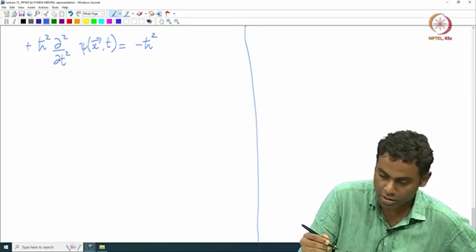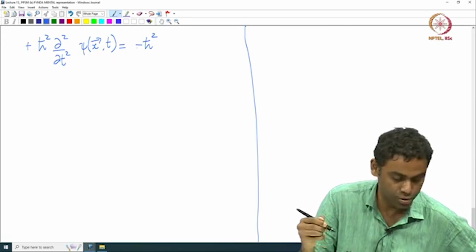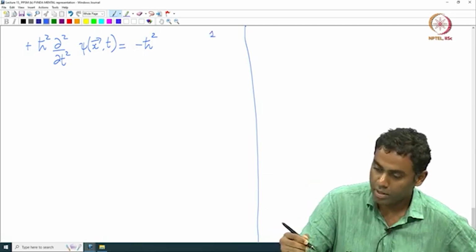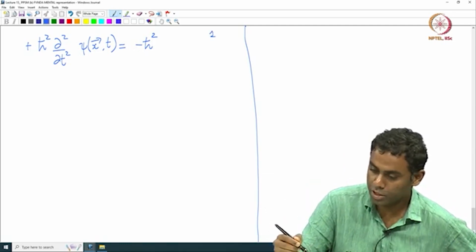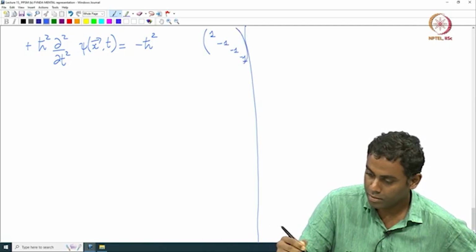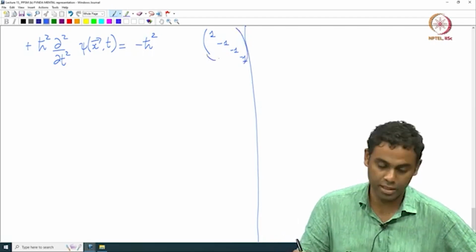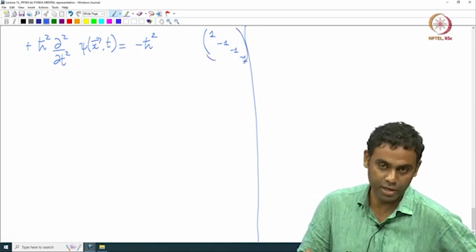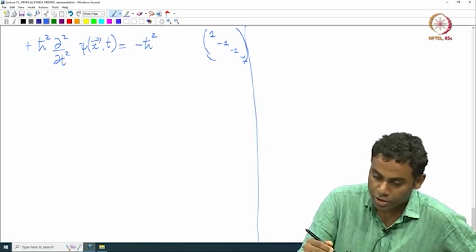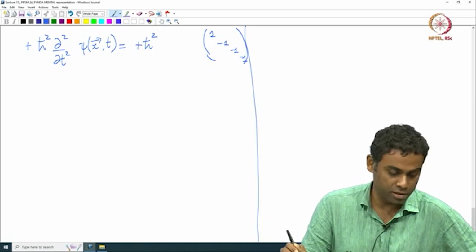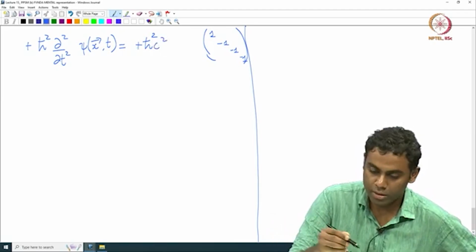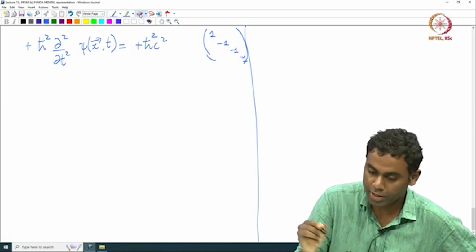Srednicki writes with a minus sign because he uses a different metric, but I am going to use the metric where time has a positive sign and the 3 spatial axes have a negative sign. So I am going to switch signs here and there, but do not be thrown off by it, it is just a question of metric, a question of taste. So I am going to switch Srednicki's sign and I am writing a plus c squared. So, let me erase the metric.